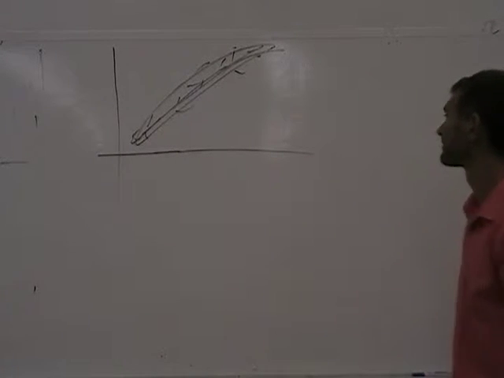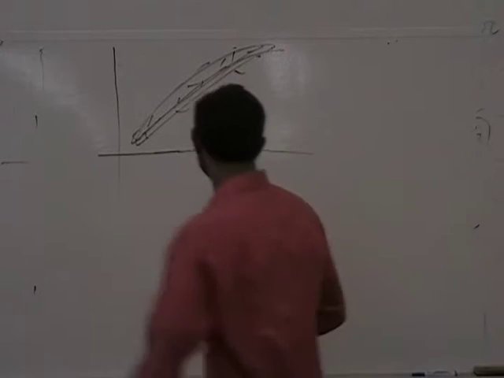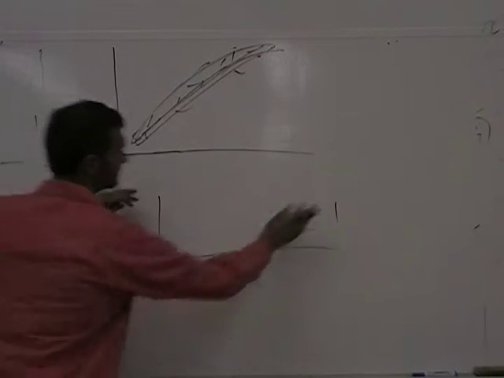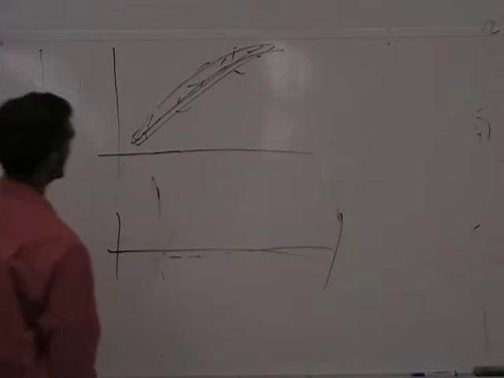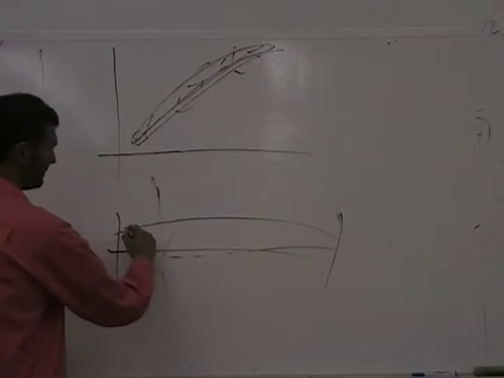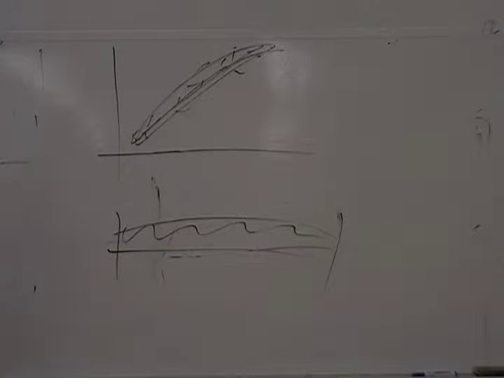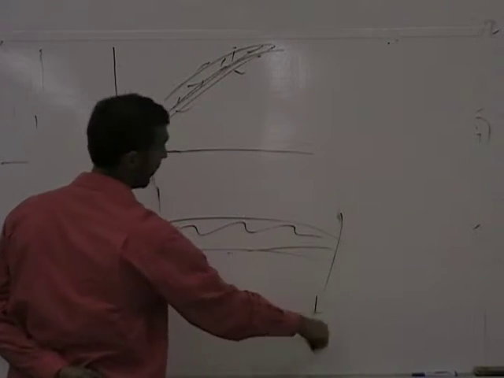I can imagine a probability distribution that is more or less uniform, continuous value distribution, from 0 to 1.